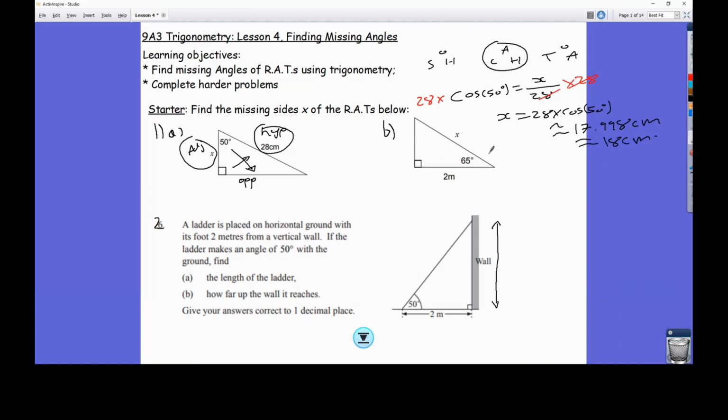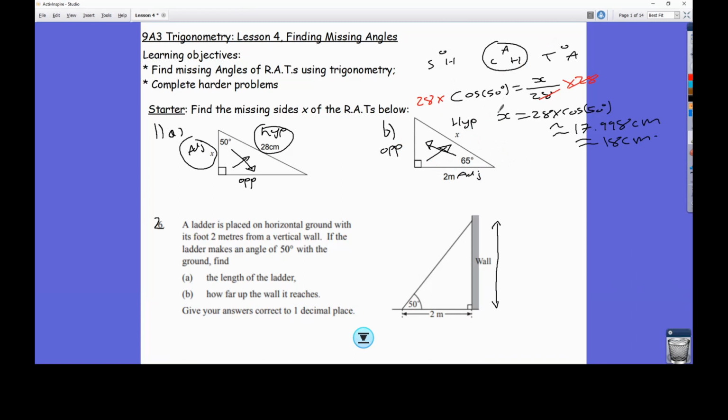So question 2, same sort of thing. Let's label our triangle. So this time x is the hypotenuse. Opposite 65, we have the opposite. Adjacent to 65, we have the final side that we haven't yet labeled, which is the adjacent. So we've done our labeling. Let's look at the equations.